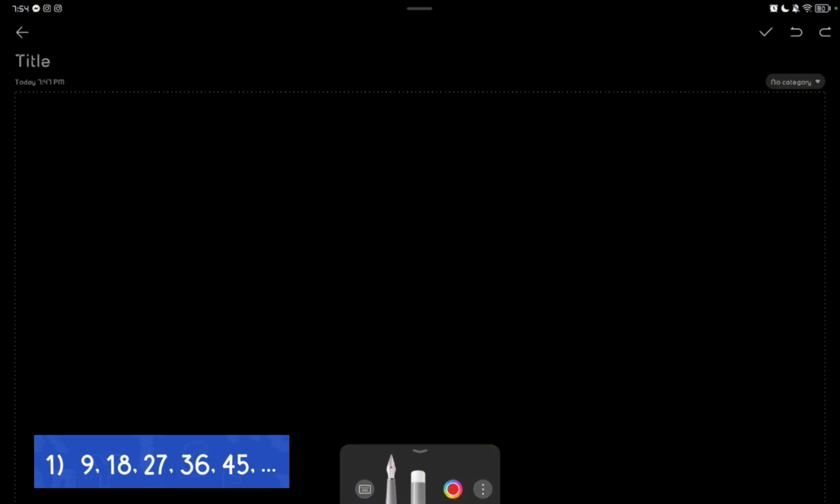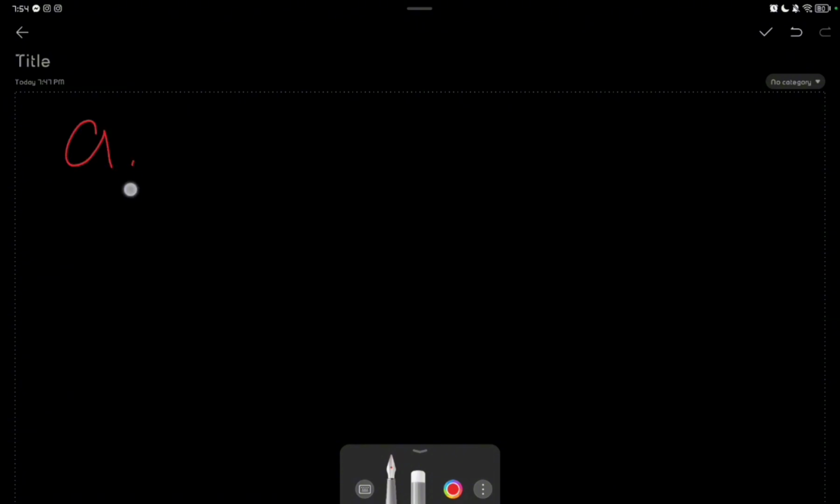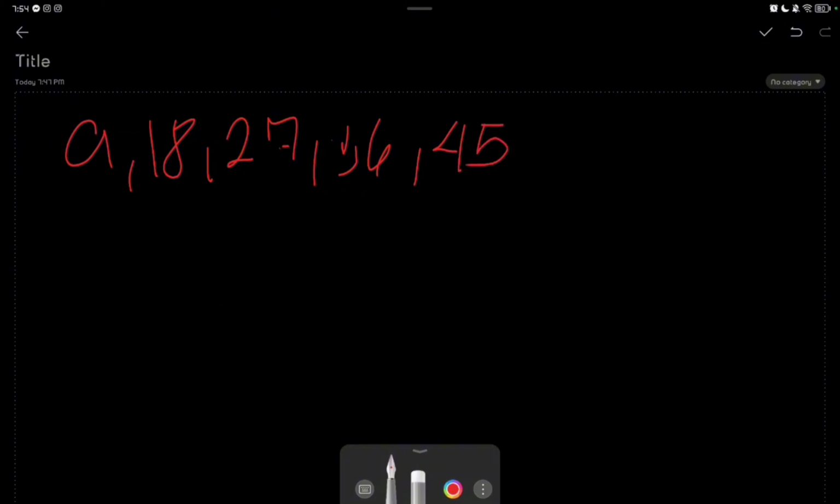For number 1, the given is 9, 18, 27, 36, and 45. To get the next three terms, we will identify first what the pattern is. To identify it, you have to subtract the first term and the second term, just like this.